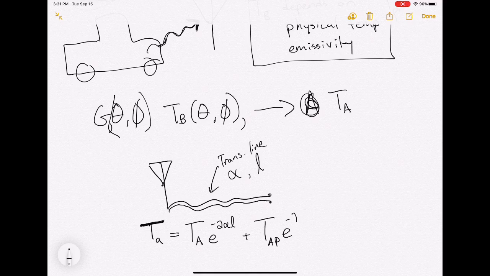That's also times e to the minus 2 alpha L, plus a contribution from the transmission line itself. So T0 here is the temp of the transmission line. And then that gets multiplied by 1 minus e to the minus 2 alpha L.